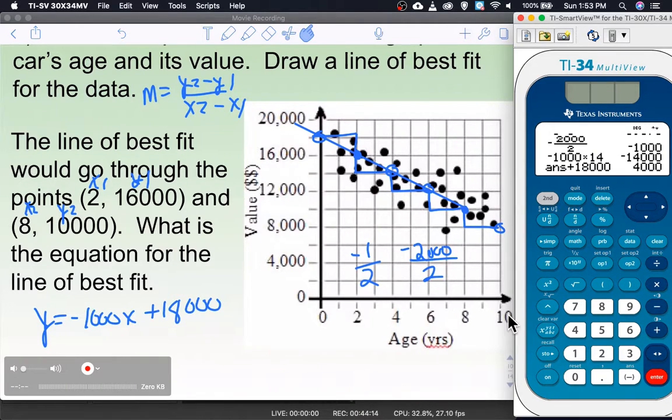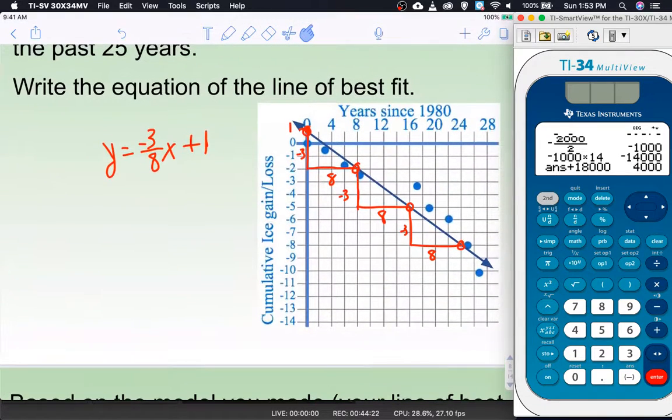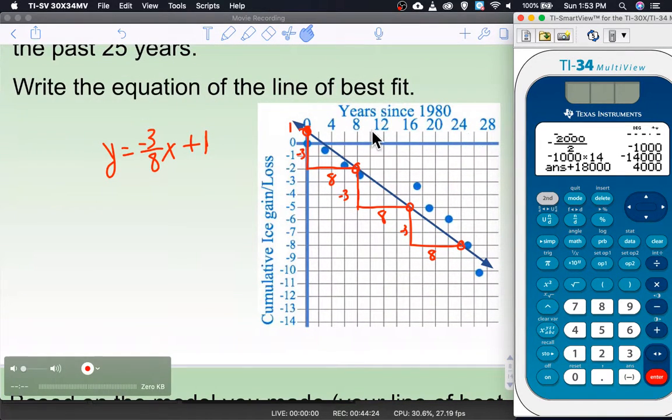If we want the age of a car that's 14 years old, I can't use a graph, but I can plug in 14 years for my equation. Here, I think when we had to figure out the ice loss in 25 years, 25 years is right here. It's not that dot. It's where the line is right here. I don't know exactly what that is, but when I plug in my equation, I can find it very easily.